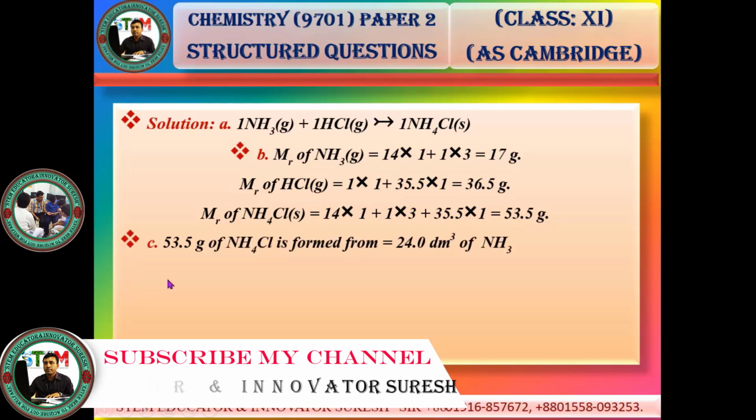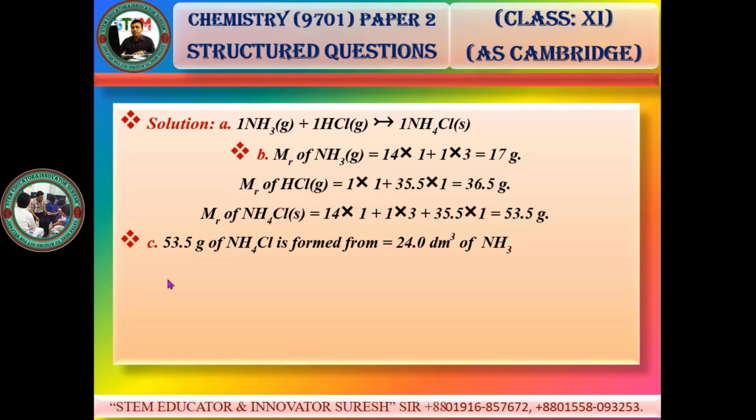Part C, what is the calculation? 53.5 gram of ammonium chloride is formed from 24 dm cube of ammonia. Look at this, we are relating here mass with volume, so this is an important part.